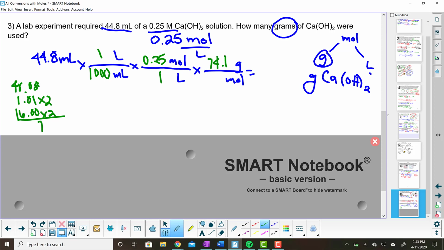And that just goes right into my conversion factor there. And we've got everything all set up, so now we solve, multiply across the top, divide by anything that's in the bottom, and your final answer for grams of calcium hydroxide is 0.830 with correct sig figs.